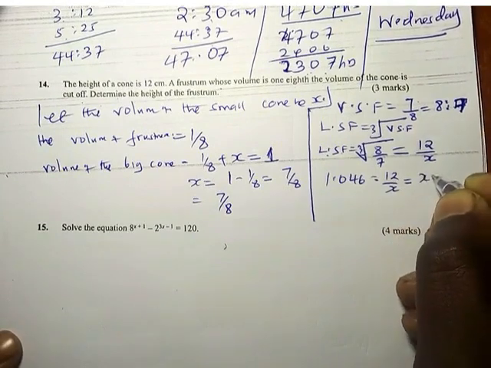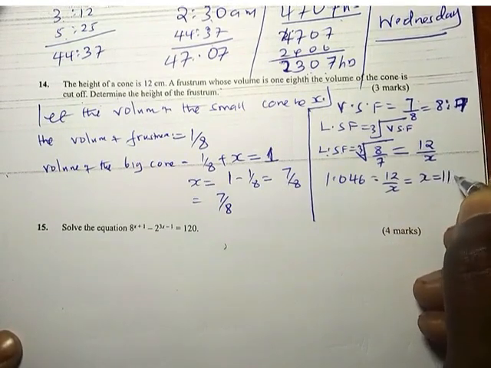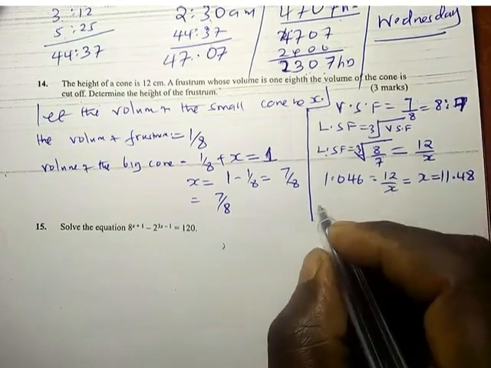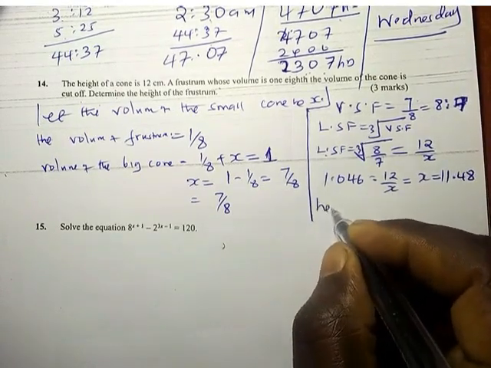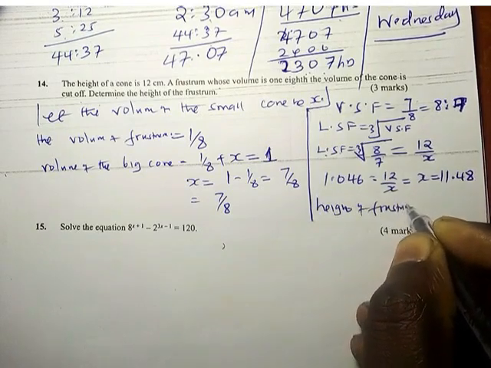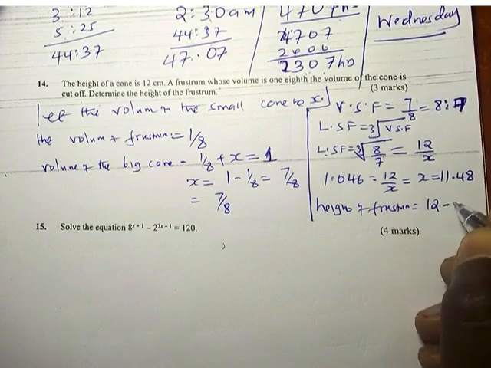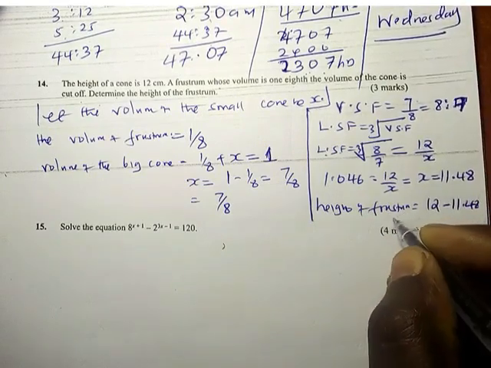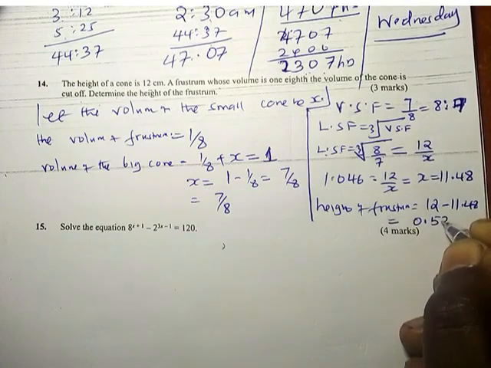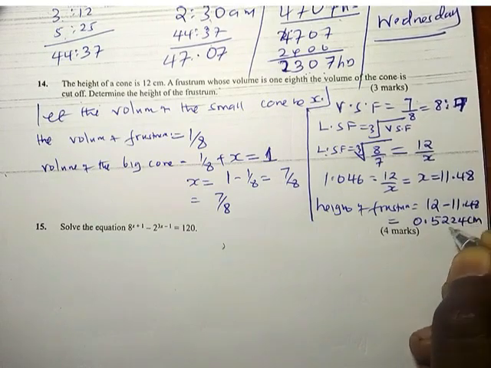So x is 11.48. So the height of the frustum is equal to 12 minus 11.48, and that one is 0.5224 centimeters.